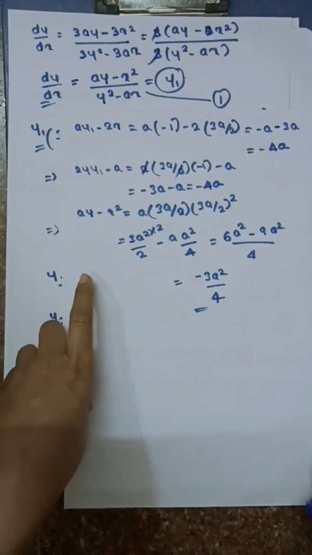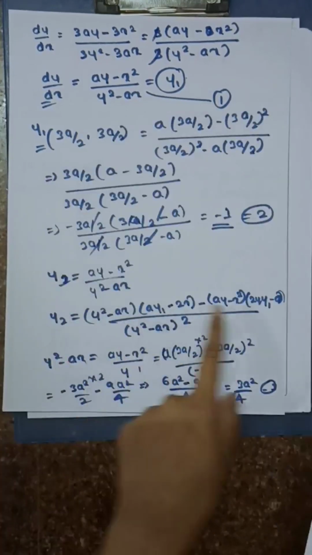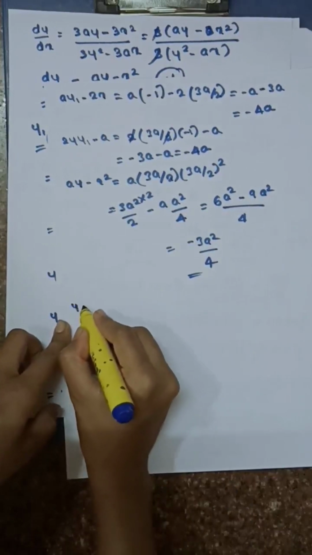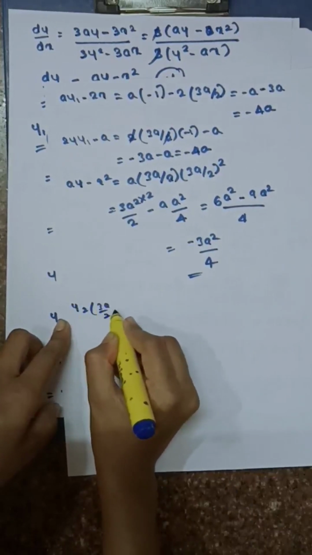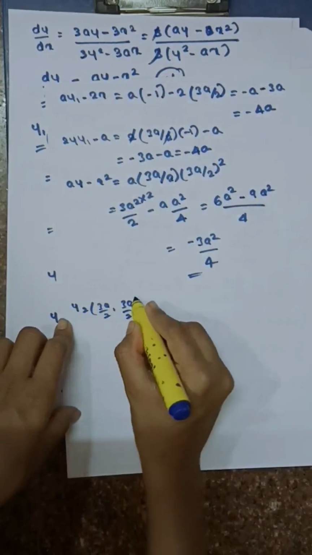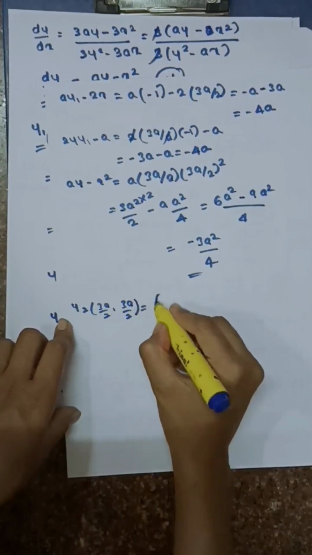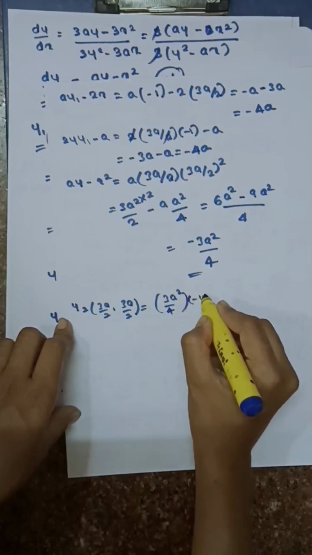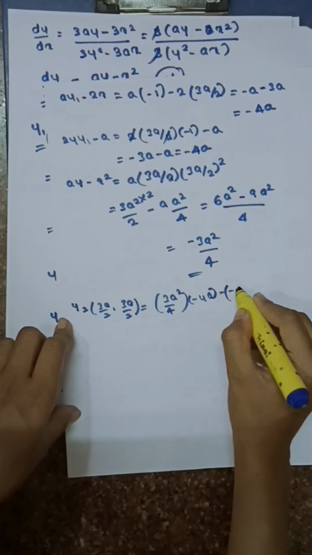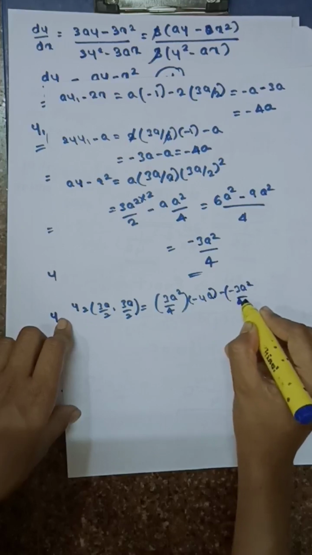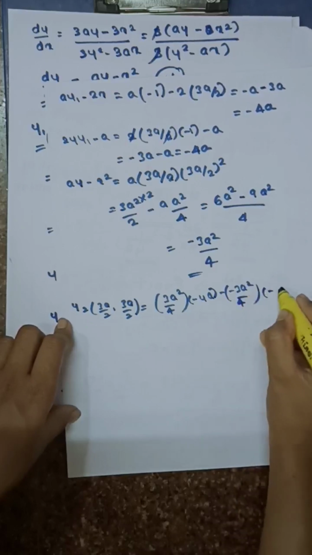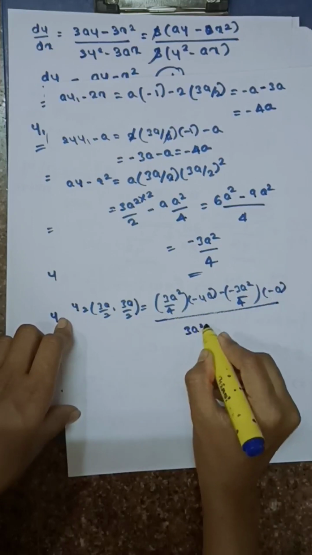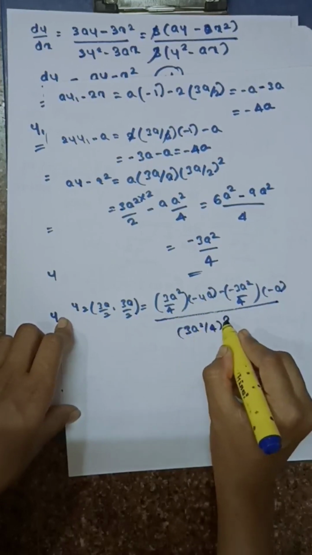Now we will substitute all these values in this equation. So y2 of 3a by 2, 3a by 2. So this will be 3a square by 4 minus 4a minus of minus 3a square by 4 minus a divided by 3a square by 4 whole square.